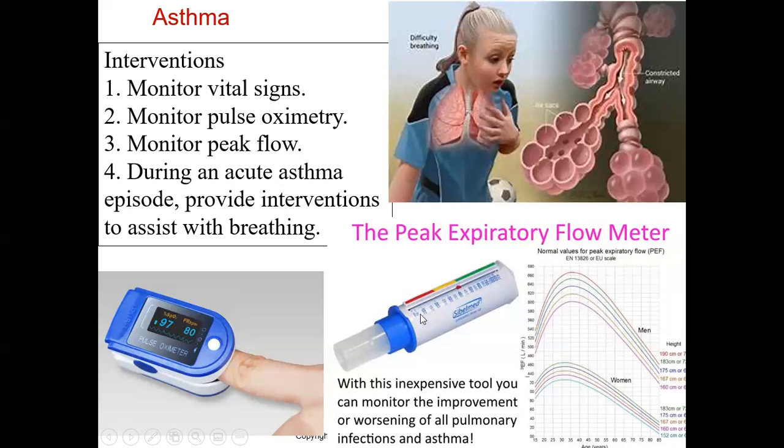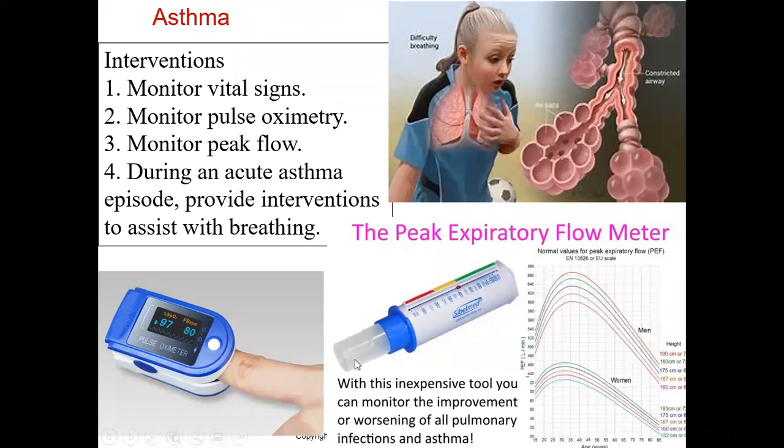So in this device, the peak expiratory flow meter, we can see three colors: green, yellow, and red. We call them zones, three zones. So we educate the patient on zone management, like the green color. Green means peak expiratory flow is 80 to 100%, and it is normal.